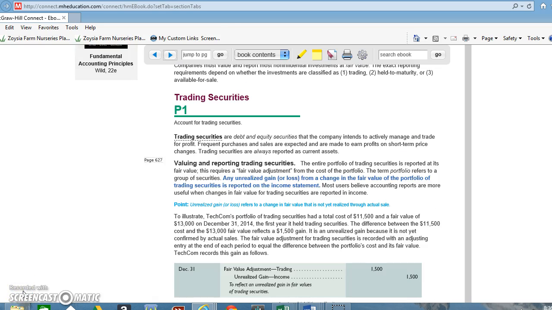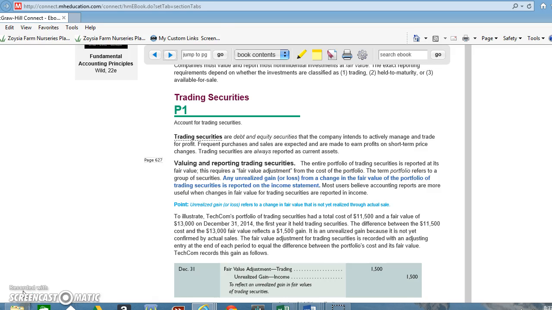Starting here in P1 at the lower part of 626 and then into 627, we get back to the concept we touched on earlier in the chapter where we were talking about current and long-term. We start off with trading securities, which are short term, and they're held usually just for a short amount of time.